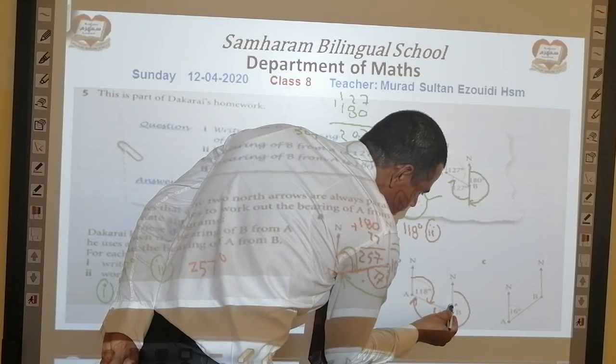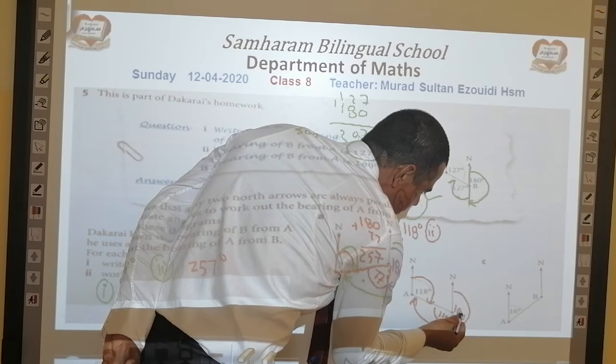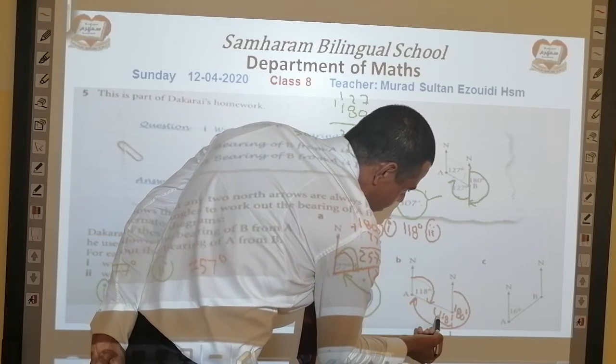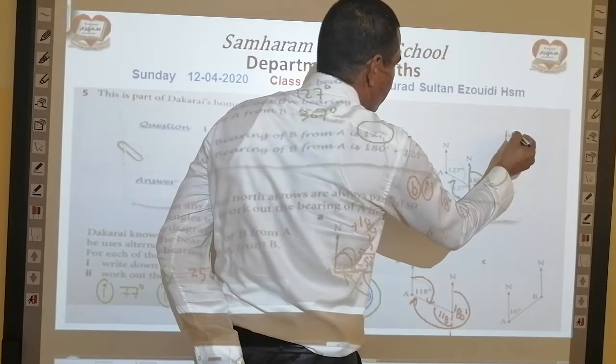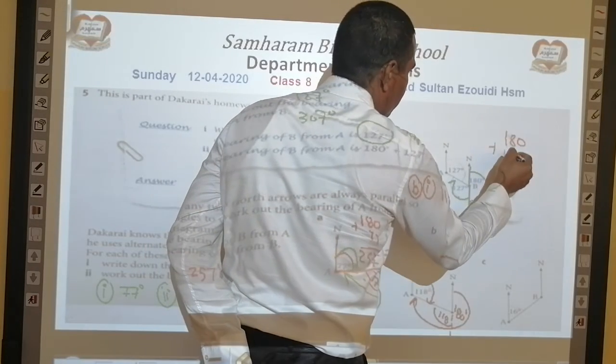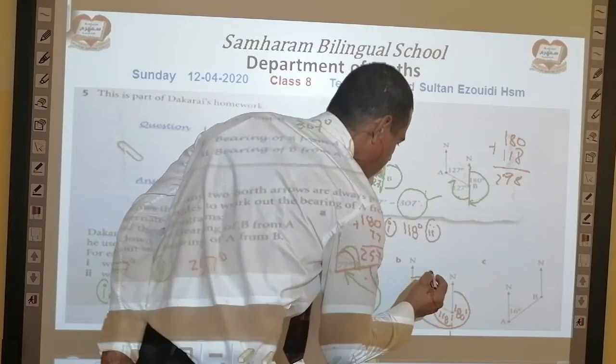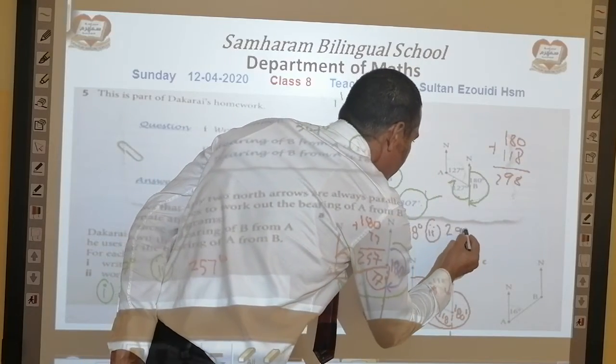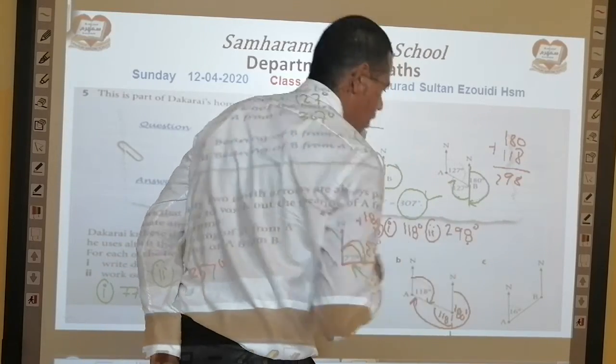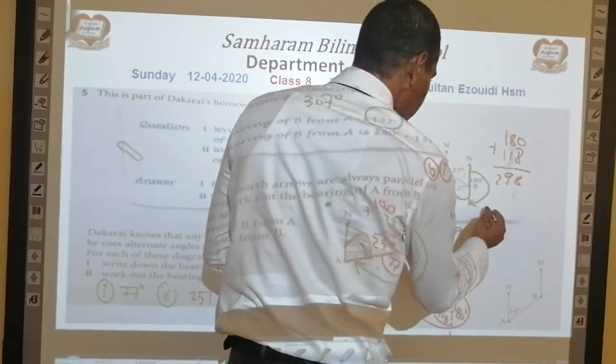So 118 plus 180 gives 298 degrees. So 298 degrees, okay.